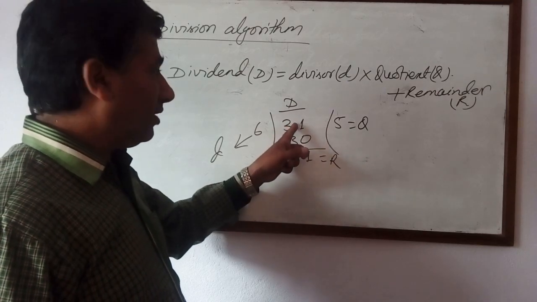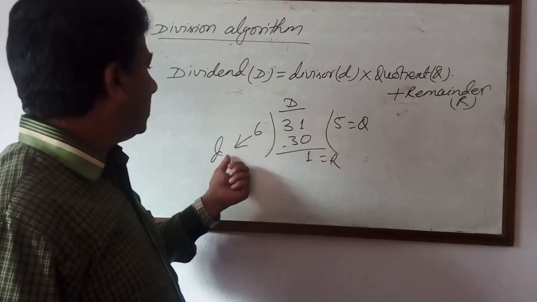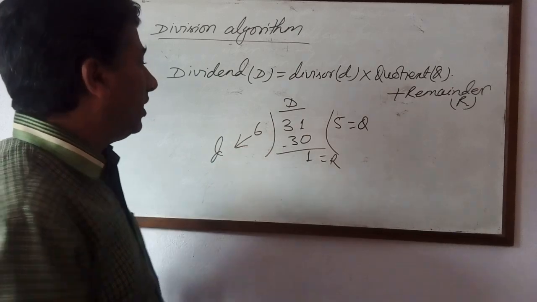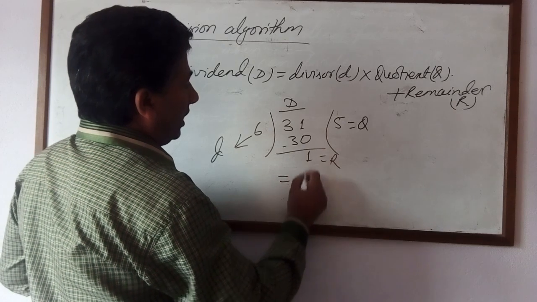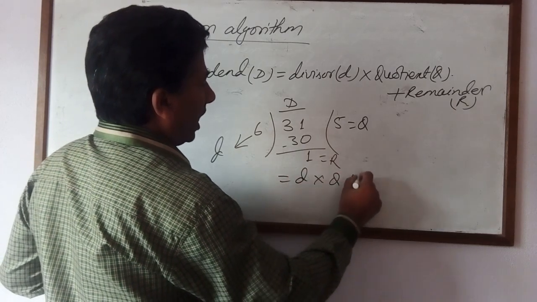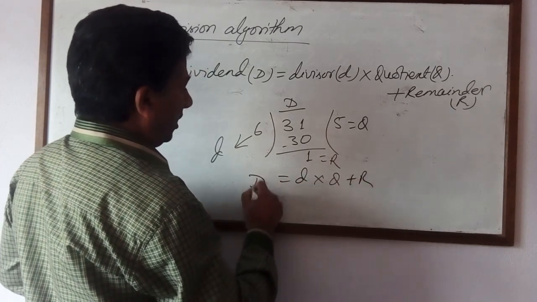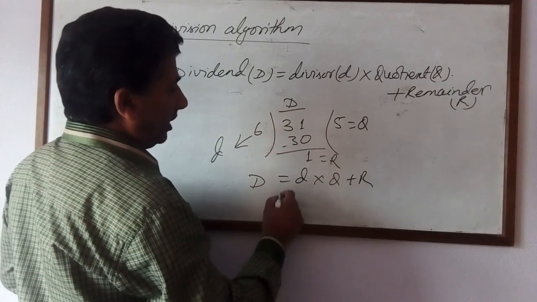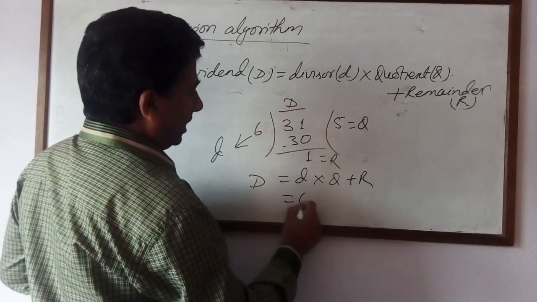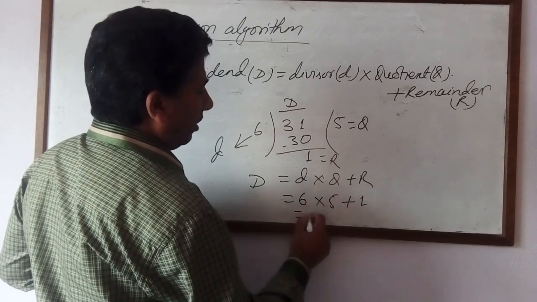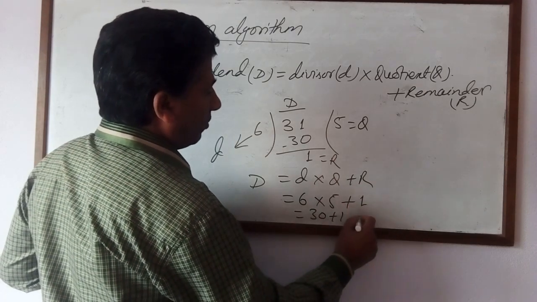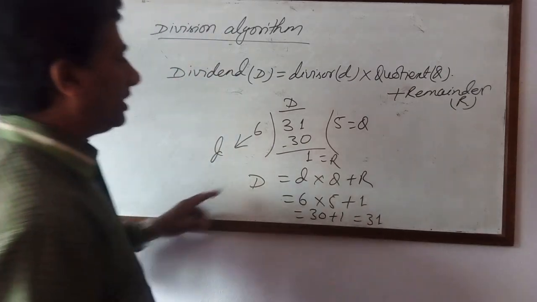The dividend is the one which we divide. The divisor is the one by which we divide. Now D times Q plus R is the dividend. D means 6, Q means 5, plus R means 1. 30 plus 1 equals 31, that is the dividend.